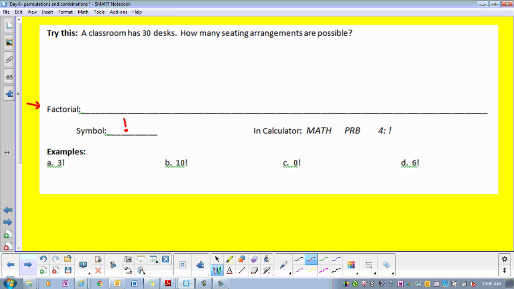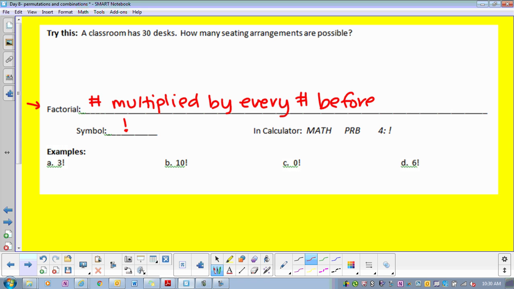A factorial is where you take the number and you just multiply it by every number before it. And you can put it straight into the calculator.